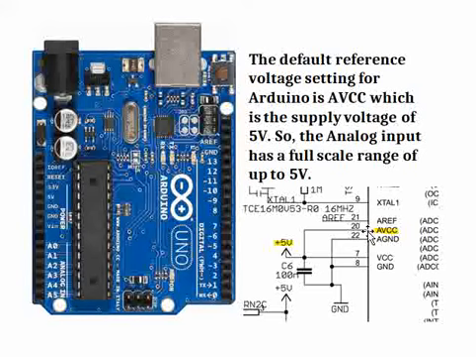So if you don't configure your reference for either AREF or 1.1, the default VREF voltage is AVCC, which is the supply voltage to the Arduino, which is 5 volts basically. So this meant we can read analog inputs up to a range of 5 volts.